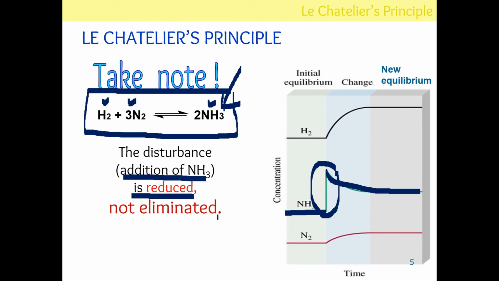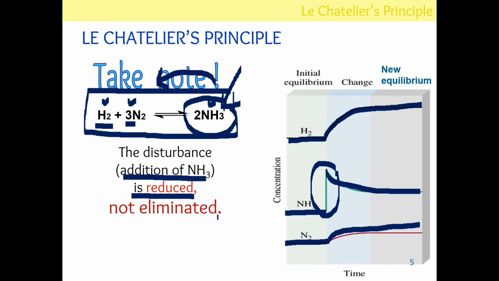But what happens to the hydrogen and nitrogen? The hydrogen and nitrogen are increased. This is because the reaction shifts to the left, as it is disturbed by the addition of ammonia.